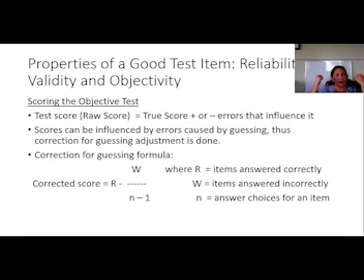When we score an objective test item, let's say true or false, multiple choice, or whatever, it yields what we call a raw score or test score.